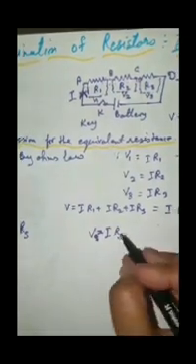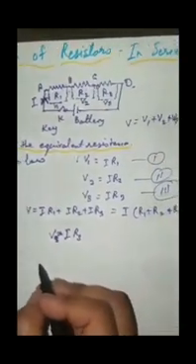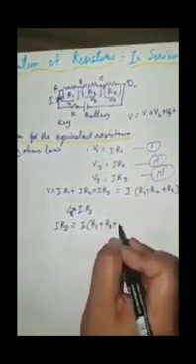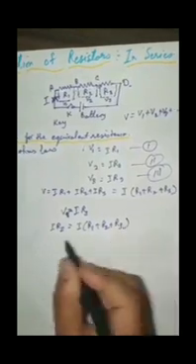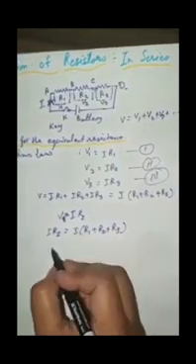Now from these two equations, equalize both the equations, what we will get? IRS is equal to I into (R1 plus R2 plus R3), where I is common, so RS is equal to R1 plus R2 plus R3.